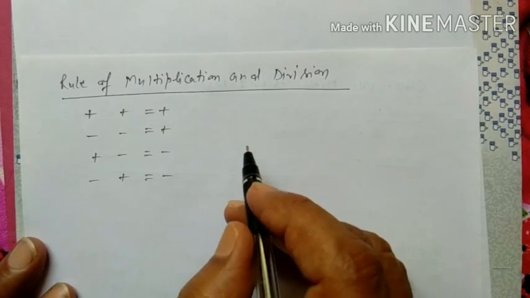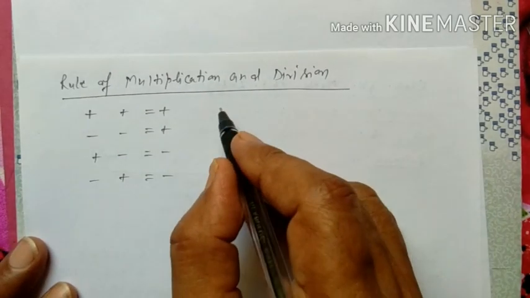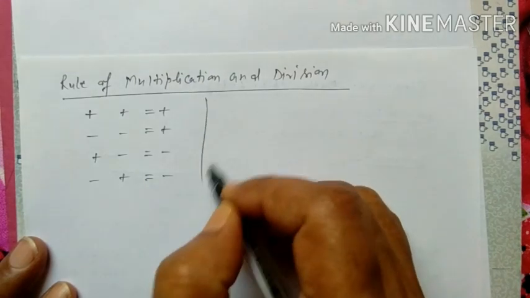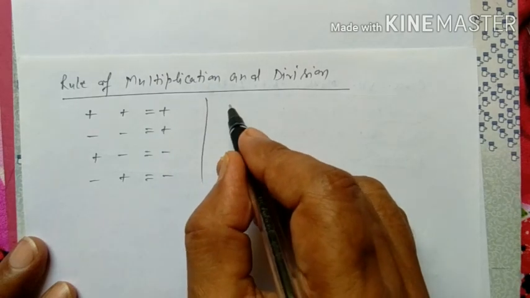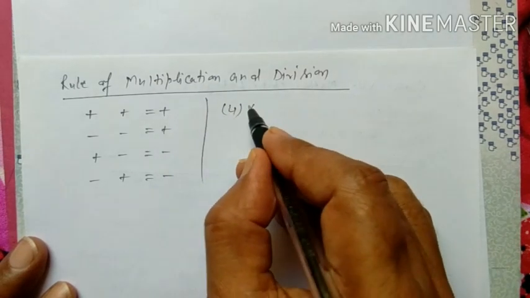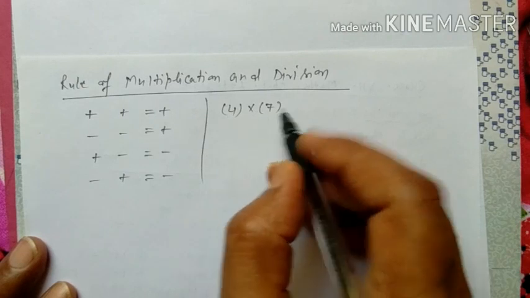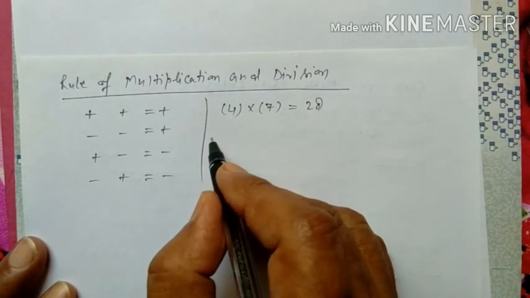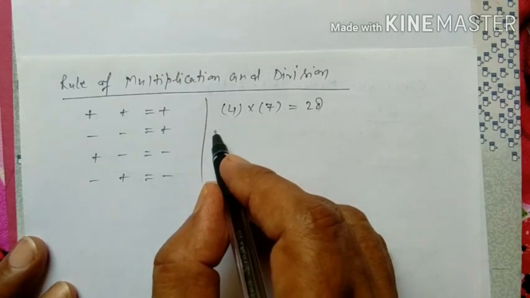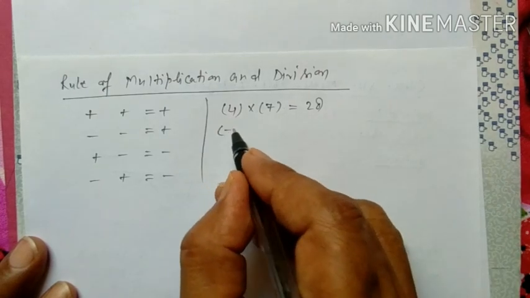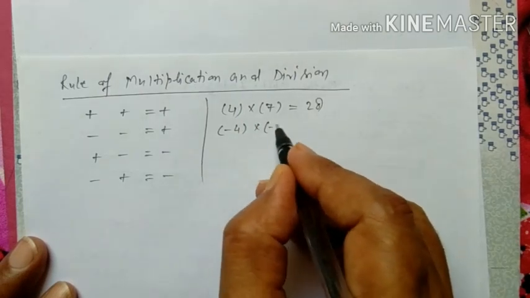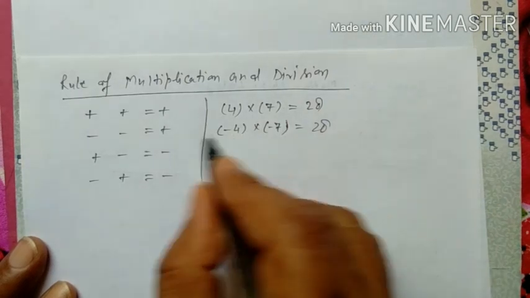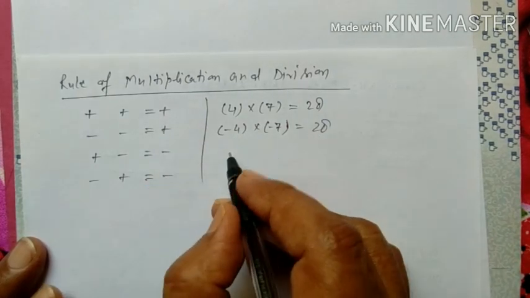It means, example for this, take 4 into 7. These two numbers are positive, then their product will be 28. And both numbers negative, minus 4 into minus 7, this also becomes 28, and the sign will be plus.